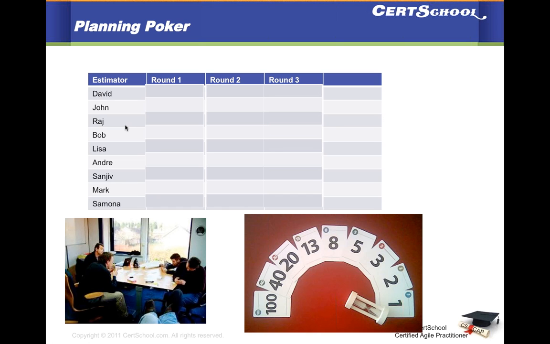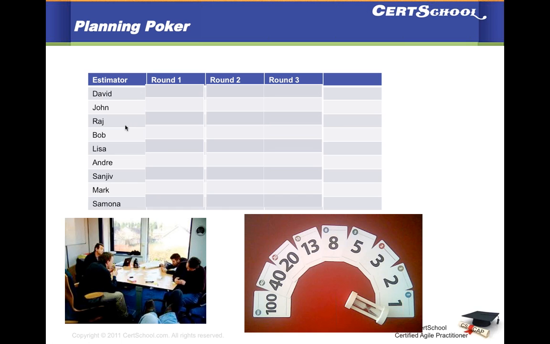For example, I have a team of 7 members right now. I do not always involve everyone in estimations. I involve maybe 3 or 4 people. You can identify some of the people who want to participate in the estimation process, and use planning poker as one of the techniques to reach a very refined estimate for any story.